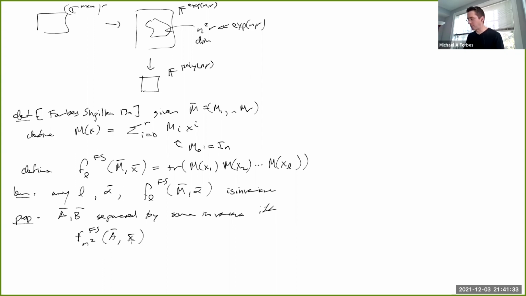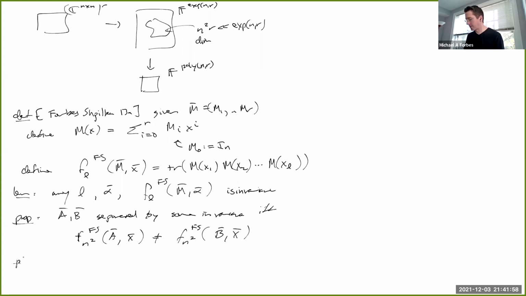This is a formal polynomial in x, but because we evaluated it on A, it's a polynomial in x alone. It's separated by an invariant if and only if this polynomial differs from the polynomial when we evaluate on B with the same indeterminates in x. So we're saying that it's separated by an invariant if and only if these 2 polynomials differ, which means that some coefficient differs.